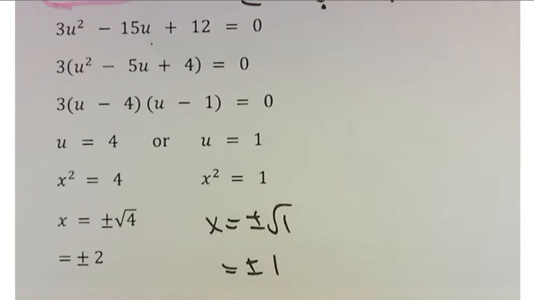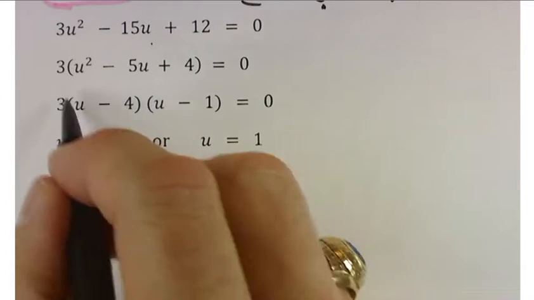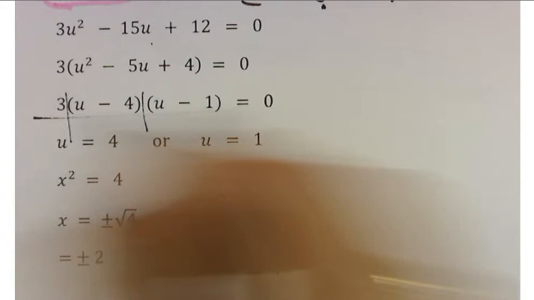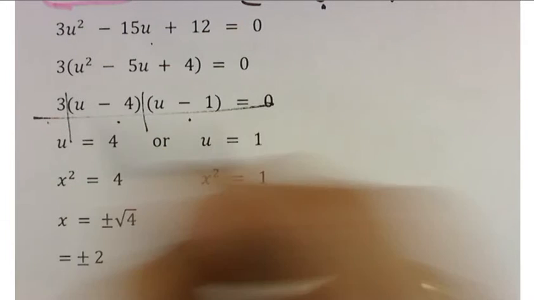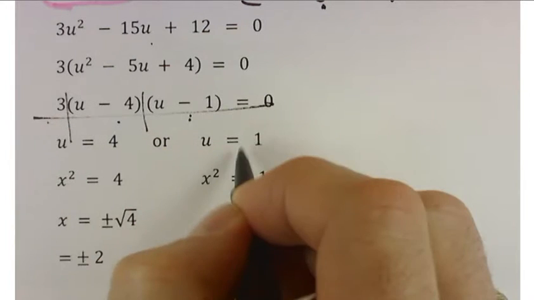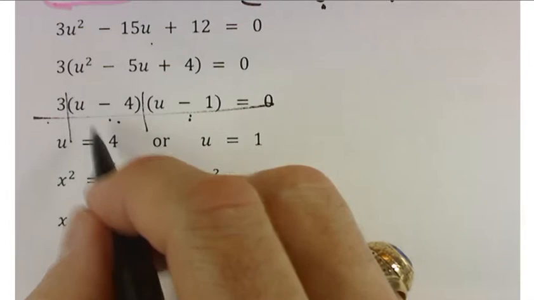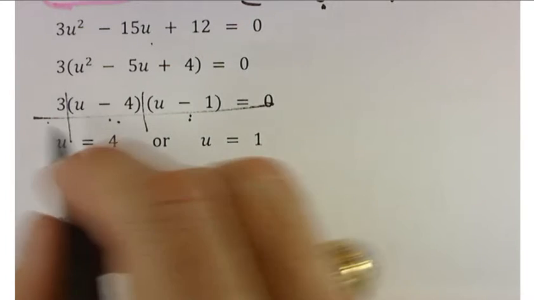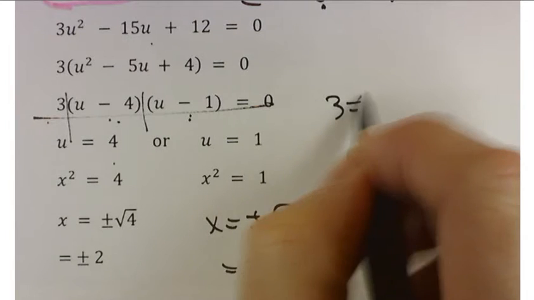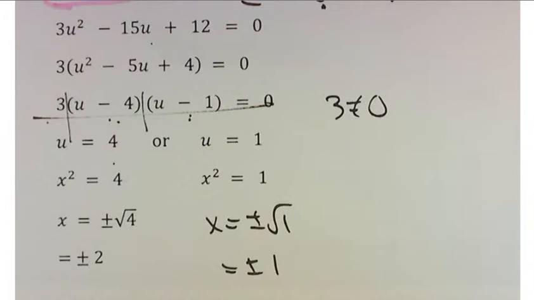All right, good question. So we've got this times this equals 0. This equals 0 when u equals 1. This equals 0 when u equals 4. But 3 can't equal 0. So that 3 out in front doesn't really matter. It doesn't change the solution.